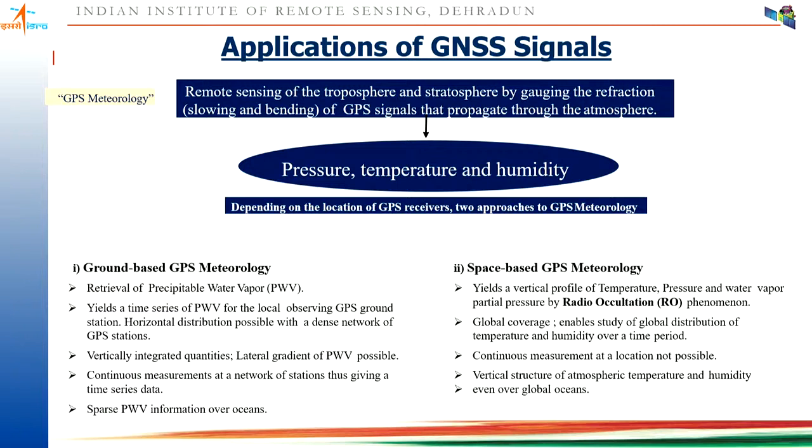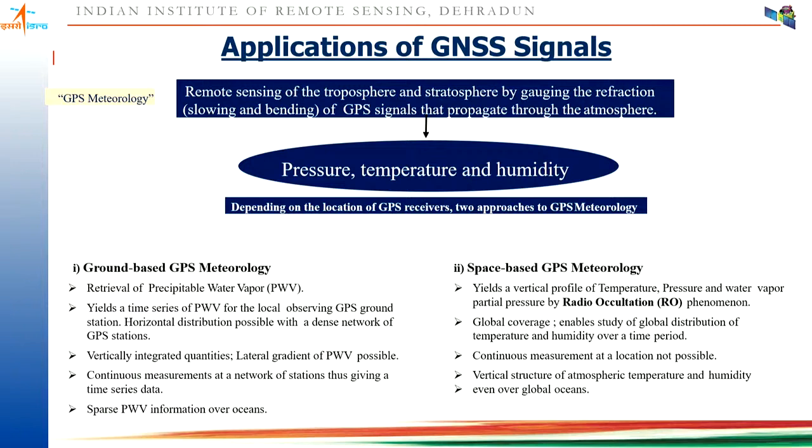That means if you are using a GPS station at a particular place, it is giving a point estimation. Now, if you want to do analysis for a wider area, you need to place more stations.